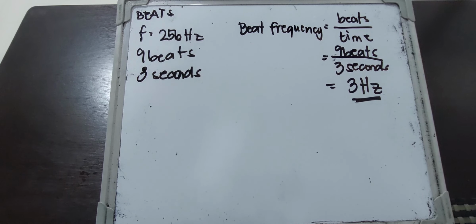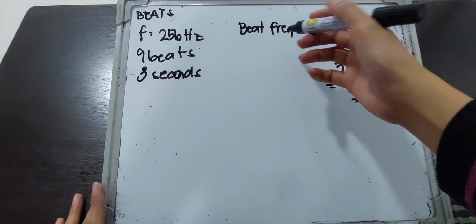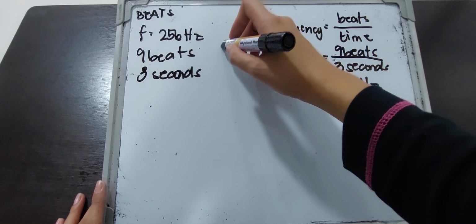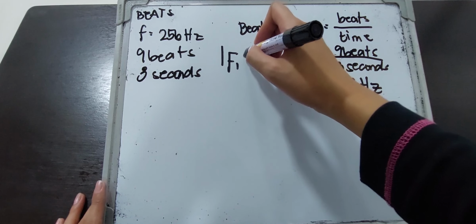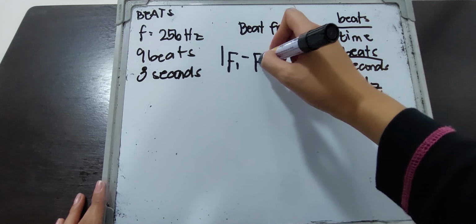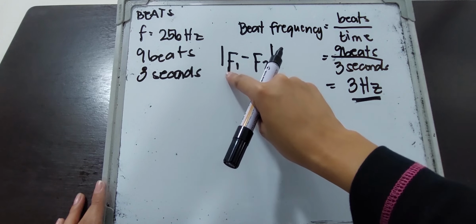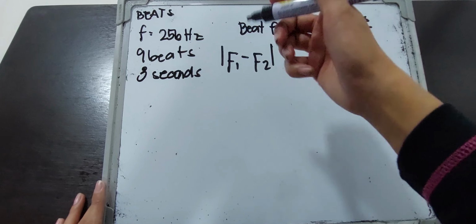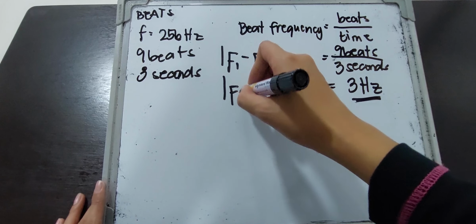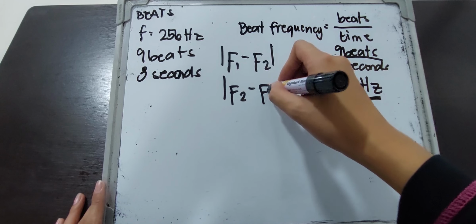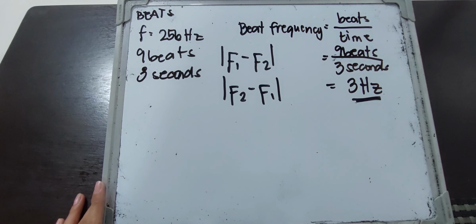So we are going to solve for the frequency of the piano note. So, dun sa ating recorded discussion, I presented to you the formula of beats na f sub 2 minus f sub 1, or the first frequency minus the second frequency, or pwede din namang second frequency minus the first frequency.